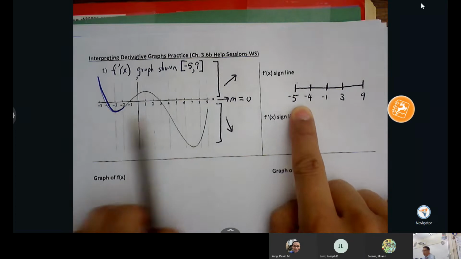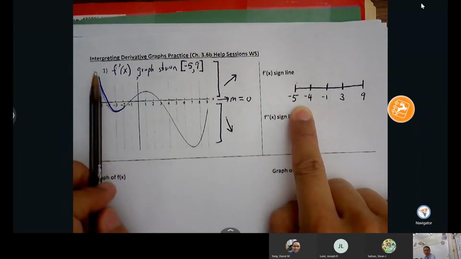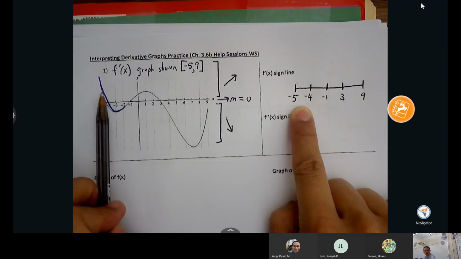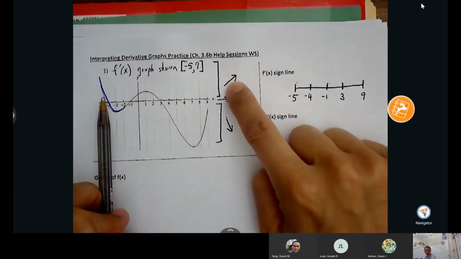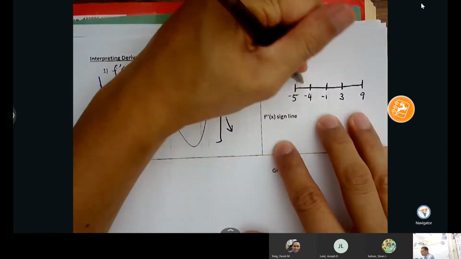Okay, so we look at -5 to -4. I know the graph is decreasing here, but these are all various values of positive slope. And so even though the f prime graph looks like this, the actual graph is going to show positive slope. So we know that all this region is going to represent positive slope here.